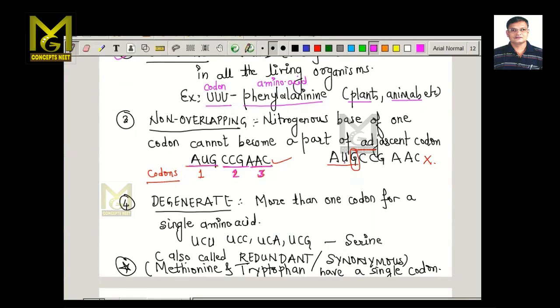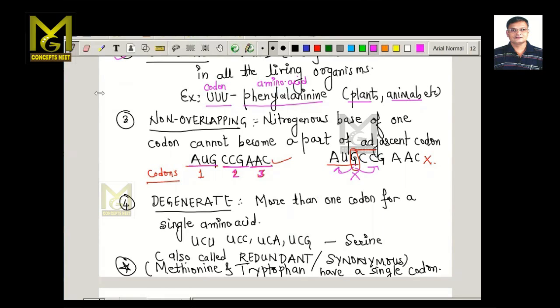Now what do you mean by non-overlapping? Non-overlapping means one nitrogenous base cannot be a part of two codons. So if AUG is one codon, then UGC cannot be a second codon.